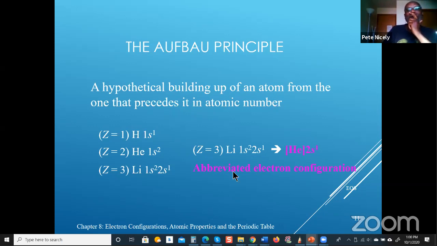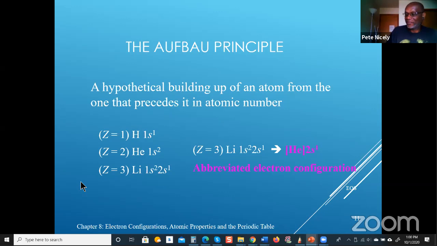Now, you might wonder, why do we need the abbreviated version? Because after all, when you compare this to this, there's not much difference between these two in terms of the length of characters needed. Well, in the case of larger atoms, it can make a difference in terms of how many characters are needed to write down the complete versus the abbreviated.